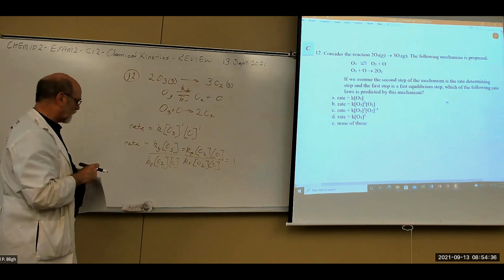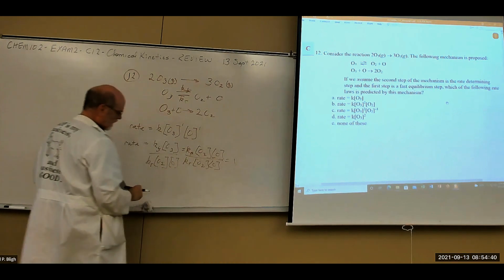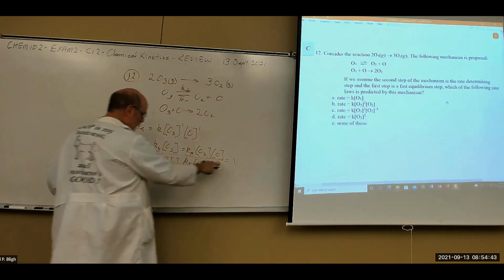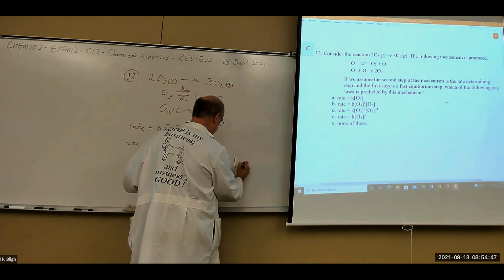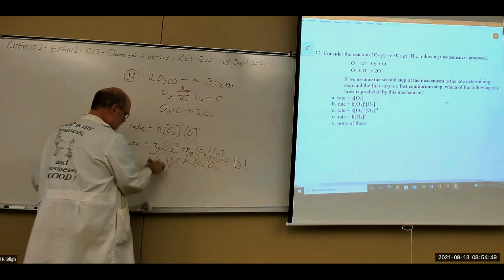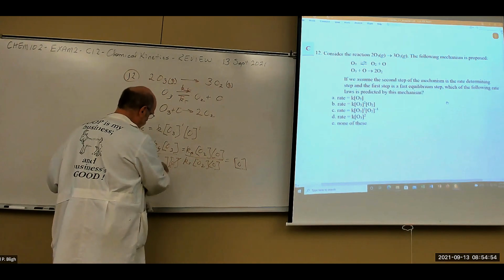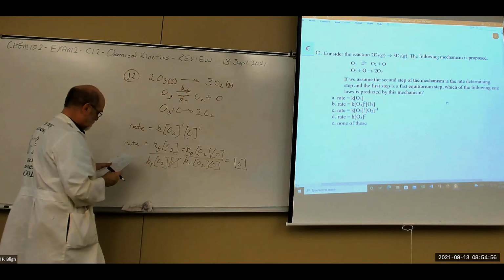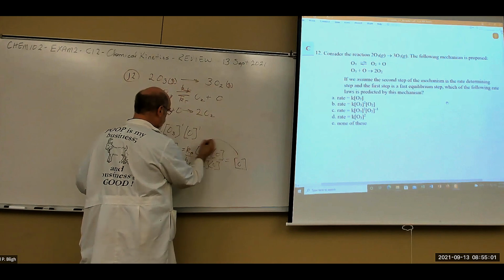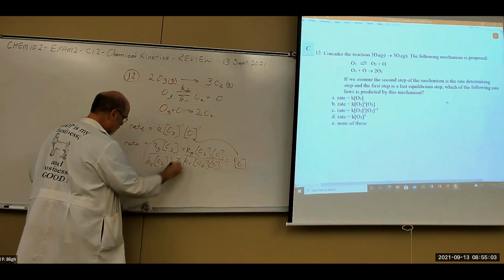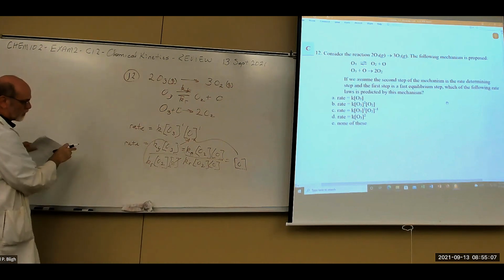Do a little algebra. If this is equal to 1, then we can put this one over on that side. So that one is equal to Kf over Kr times ozone over O2. And since this one can go in here, let's see, I think I've got room to write it over here.